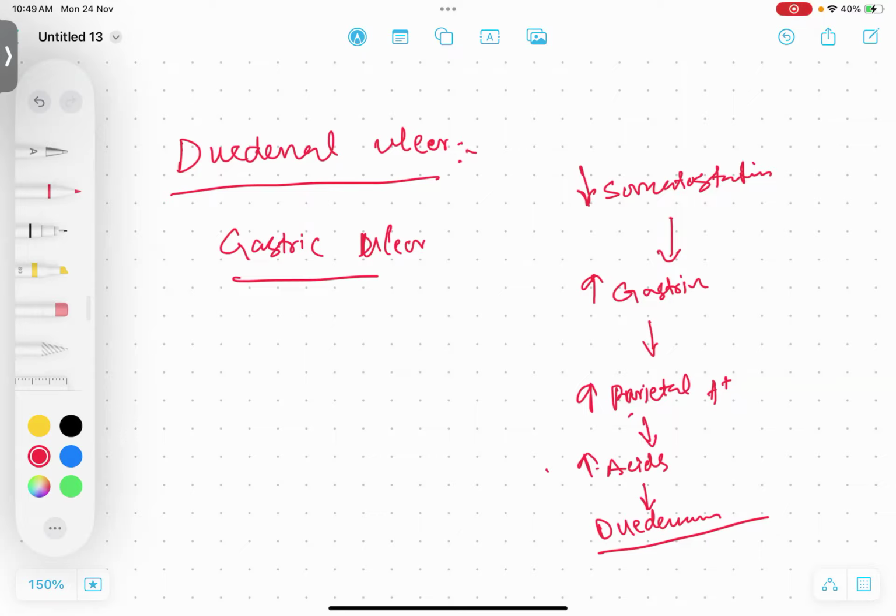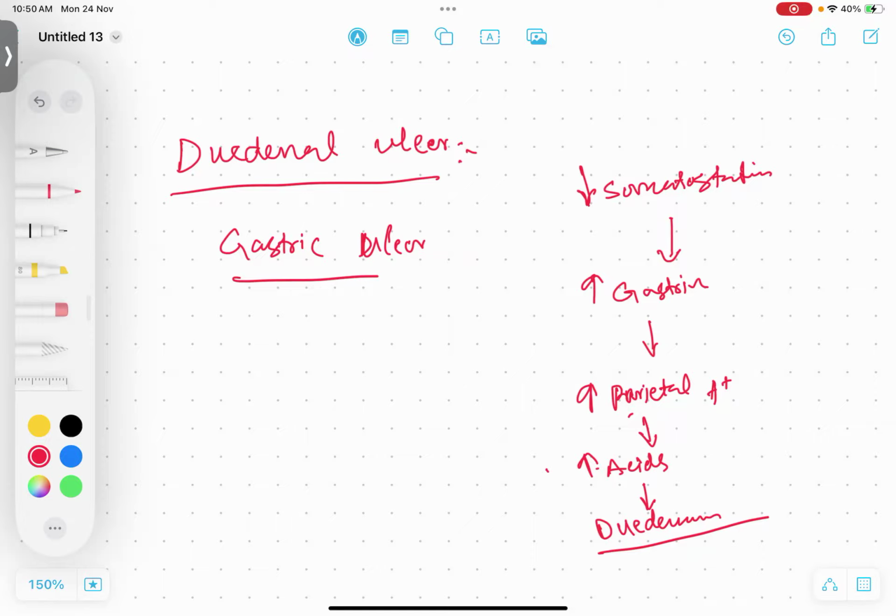So in case of gastric ulcer, since these gastric parietal cells are damaged, the pathogenesis is actually not from the action of acids, since in gastric ulcer you might see a normal or low acid production by these parietal cells since they are being damaged, right?